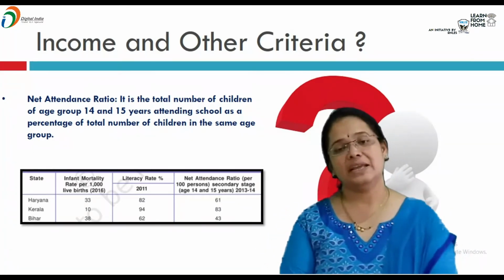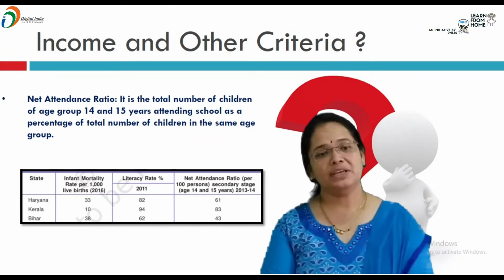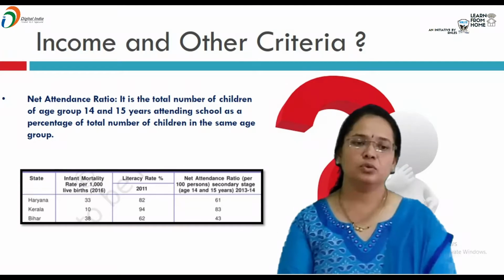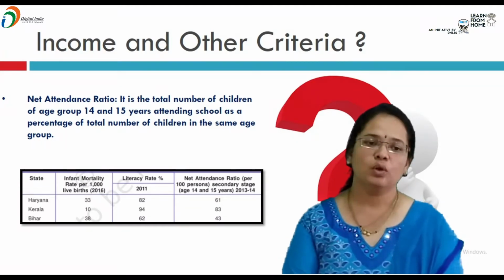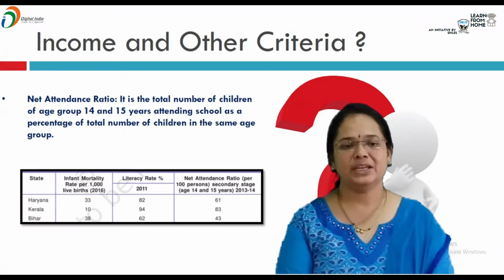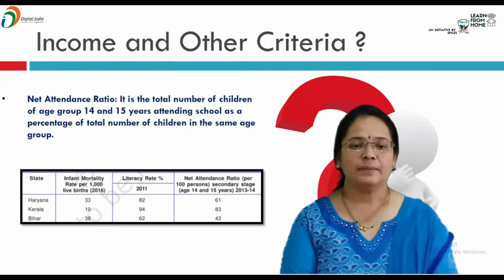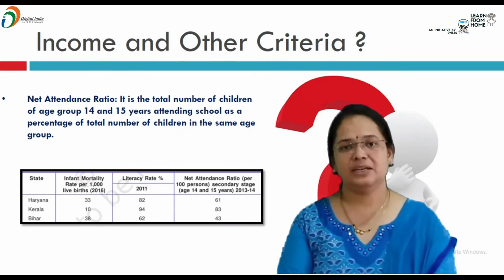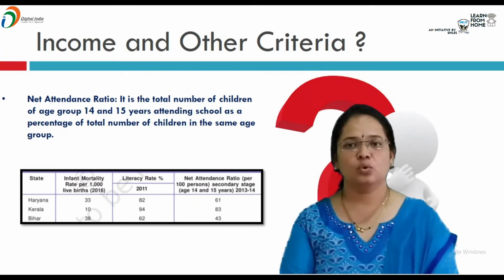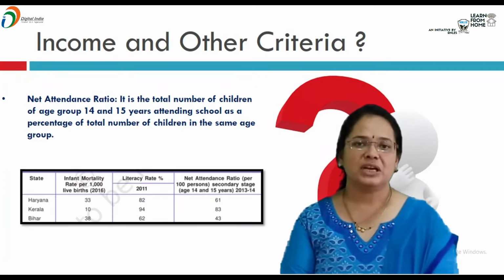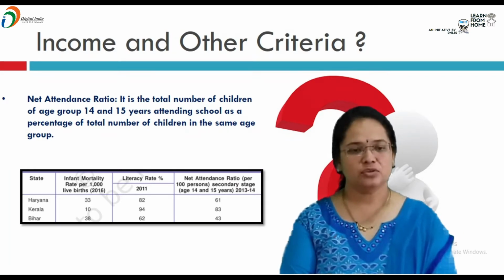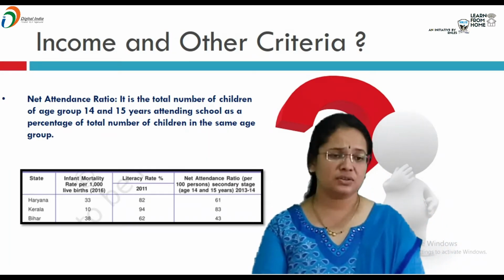Next is the net attendance ratio. It is the total number of children attending school between the ages of 14 and 15. Means that these children are going to school regularly and getting school and other study information while attending school. So this is about the net attendance ratio.